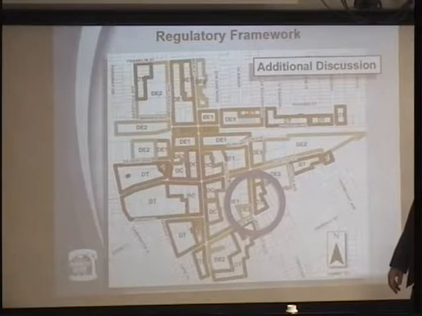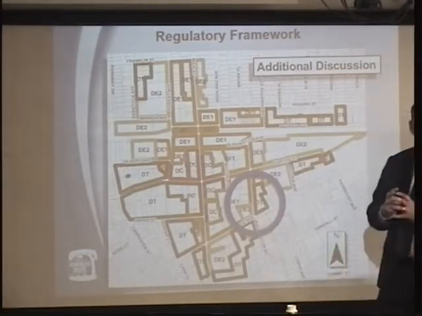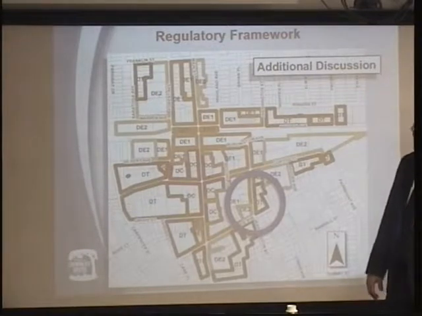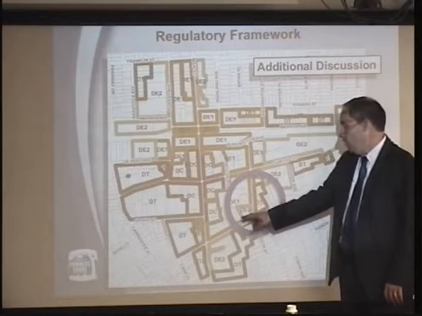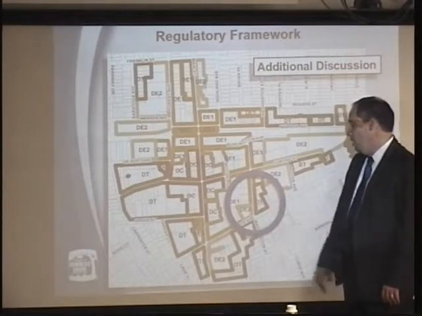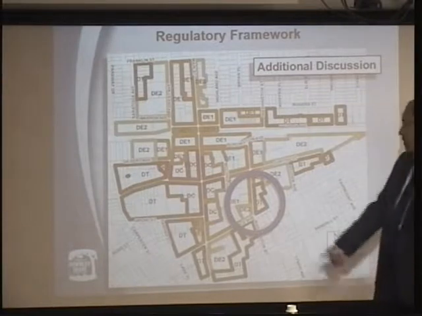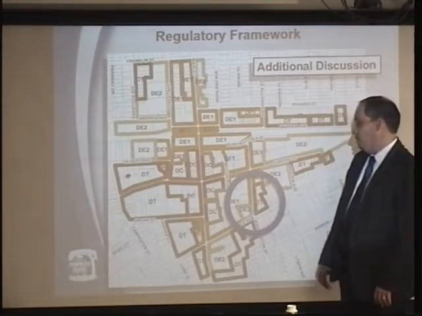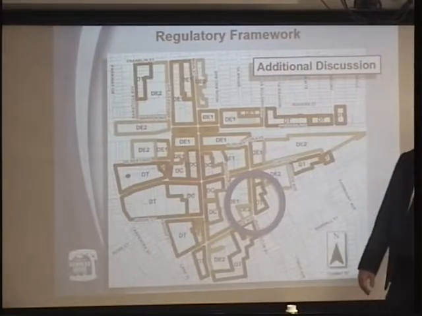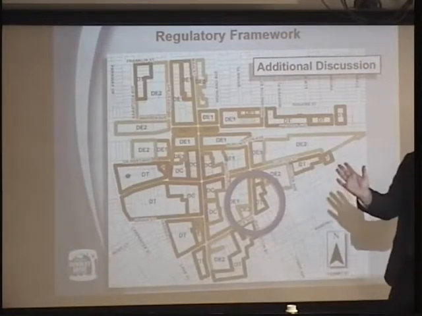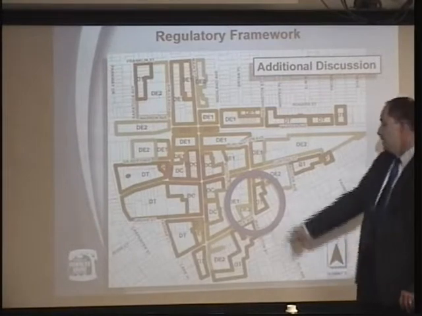Upon looking at this a little bit closer, we're concerned that this could be construed as a spot zoning here because it's one parcel without any additional DE2 touching it. So we would like to discuss that a little bit more, whether that should go back to a DE1 or if other parcels around it should convert to a DE2, which then would maybe make this feasible. So we're going down from 70 feet in DE1 to 60 feet here at the DE2. So just with that one corner, you'd have a little bit more setback and a reduction in height. What the concern is potentially is the spot zoning.